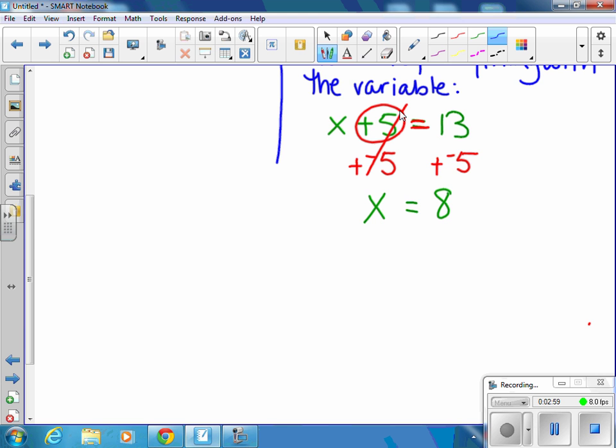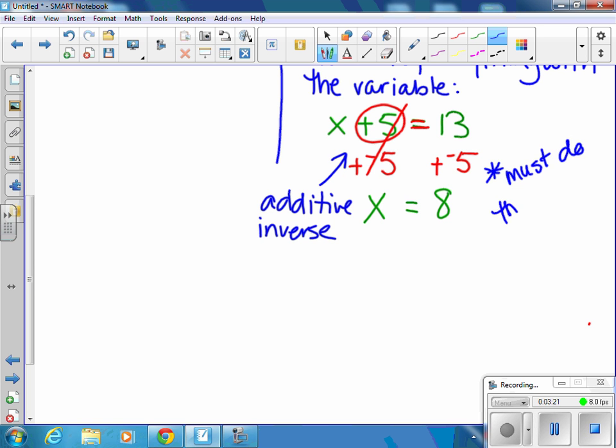Now again, to keep in mind, this here is my additive inverse that I did right here. And also what we already talked about here, we must do the same thing to both sides of my equation.